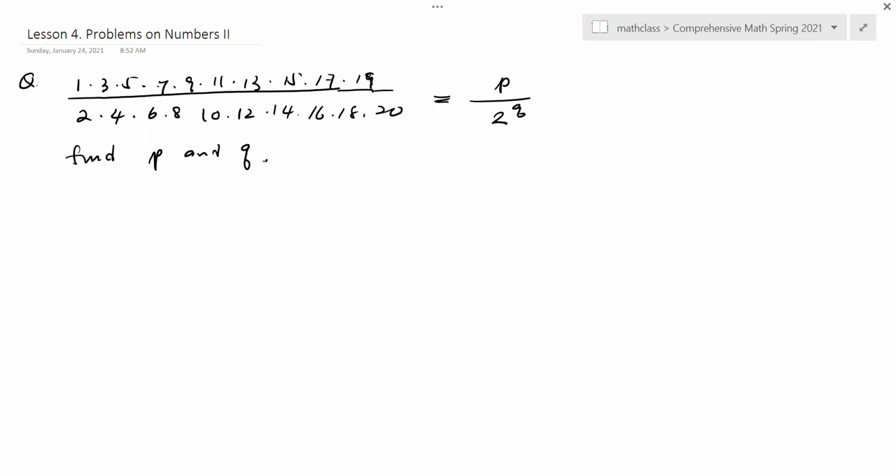In general, it's not true, so we want to put an additional condition: p and q are positive integers, and p is also another number.